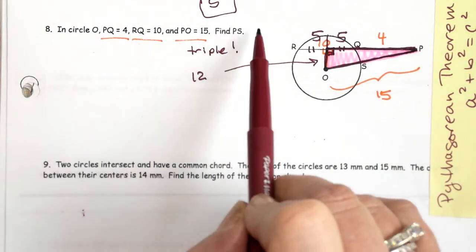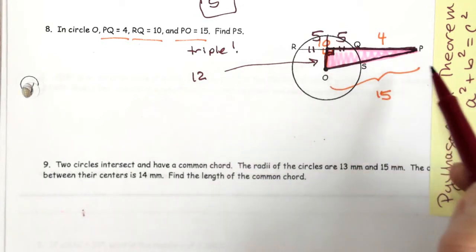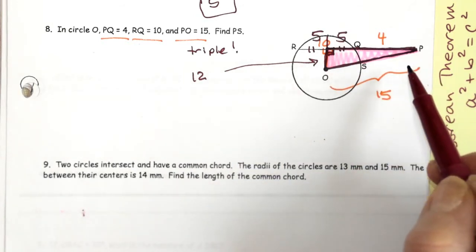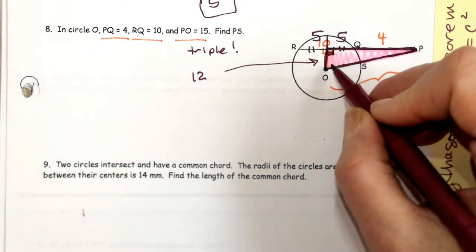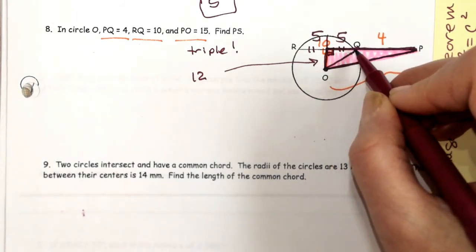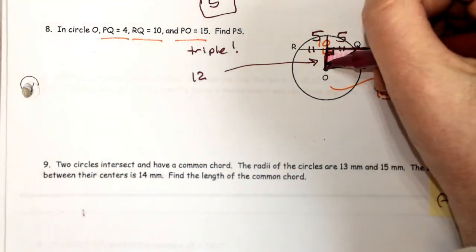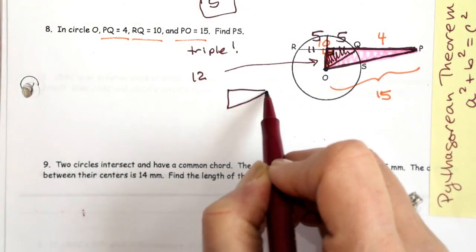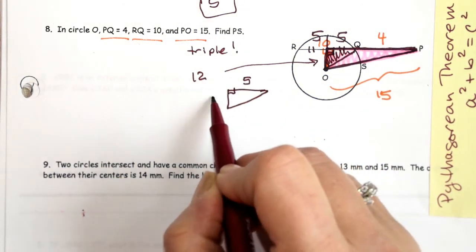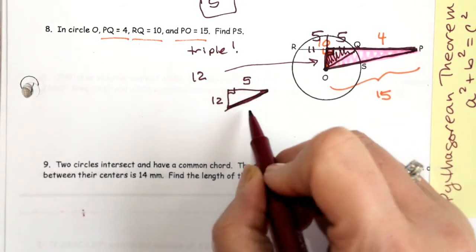Anyways, now we still have to find PS. So that's 12. Let's see. Oh, now we even have to do a tougher one, it's a toughie. So I'm going to make this little triangle pop out. This is 5. This is 12. What's this triple? 13.